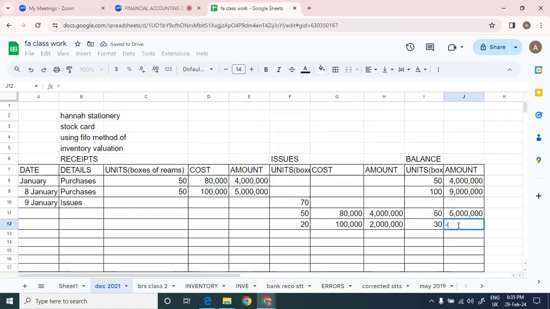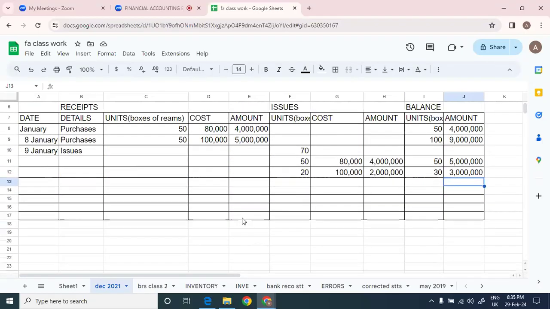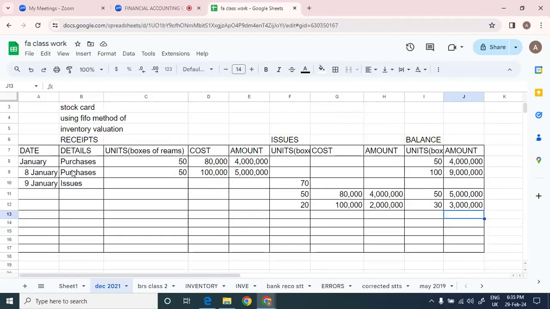We come, when I get 5 million minus the 2 million, I get my 3 million. Are we together? Yes. Okay, so that is how we would go on to do a number concerning FIFO.